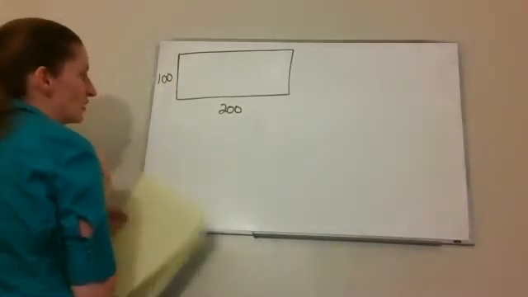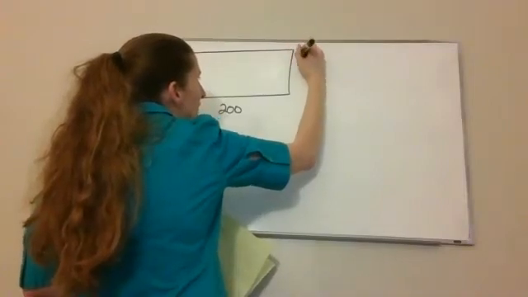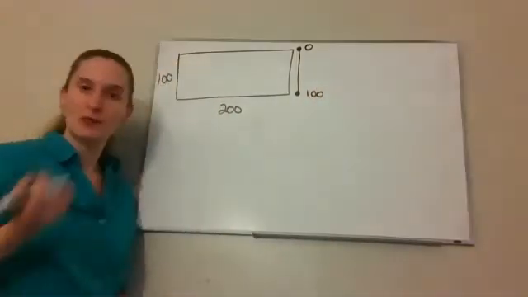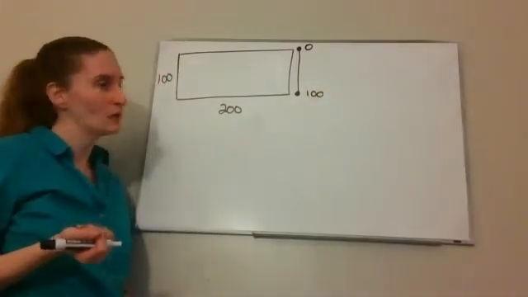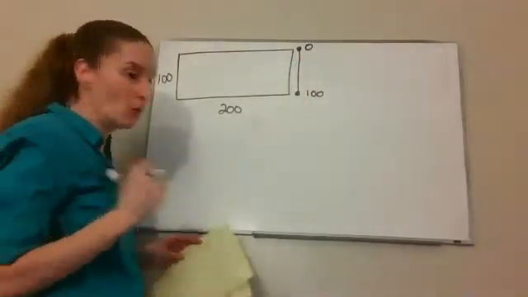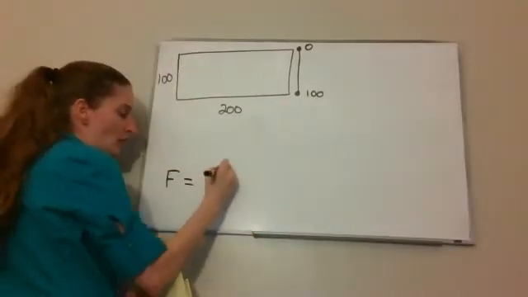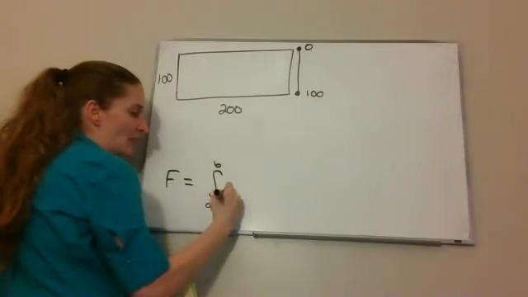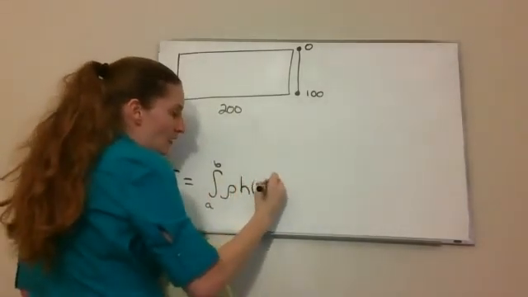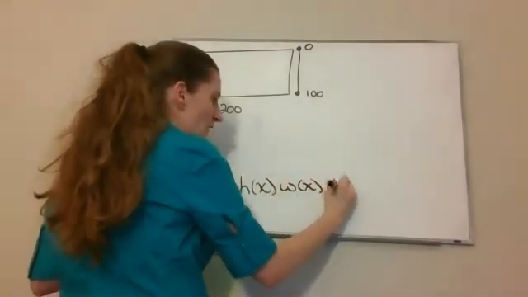And I'm going to introduce my x-axis with 0 up here at the top, 100 down here at the bottom, because we want our x-axis oriented downwards. So my a in this problem is 0, and my b is going to be 100. We want to have force equals an integral from a to b of our weight density times our depth times the width dx.